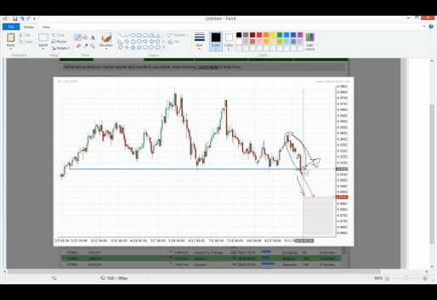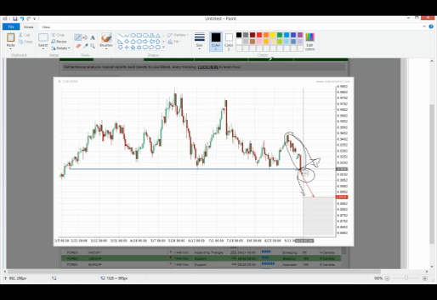Now, what we can see here is that there was a breakout through a support level. And then on the end over here, you can see that the market is hesitating. It hasn't followed through on that breakout. This is what I call a pullback. Now, this doesn't mean that this price is not going to go to 0.89. It might not.